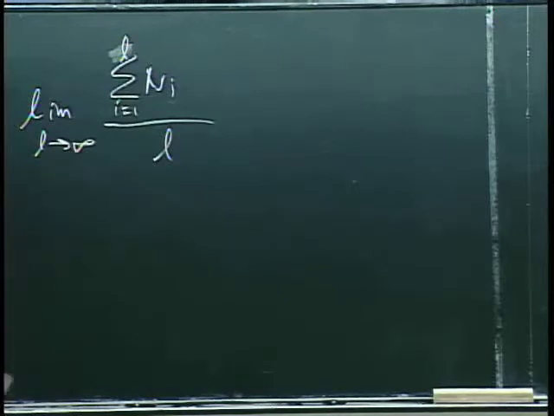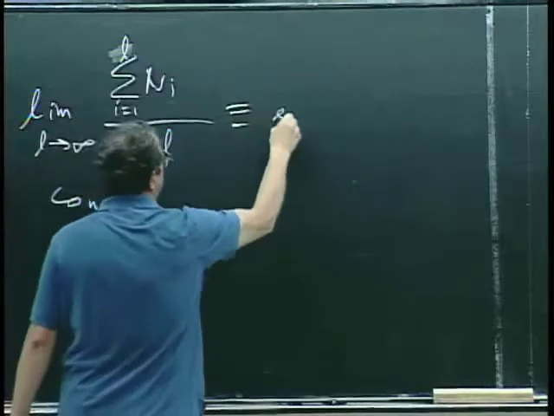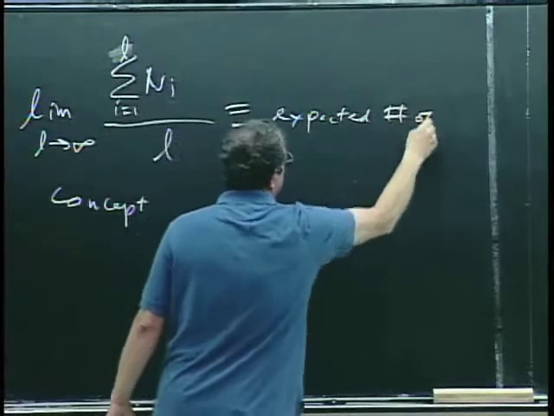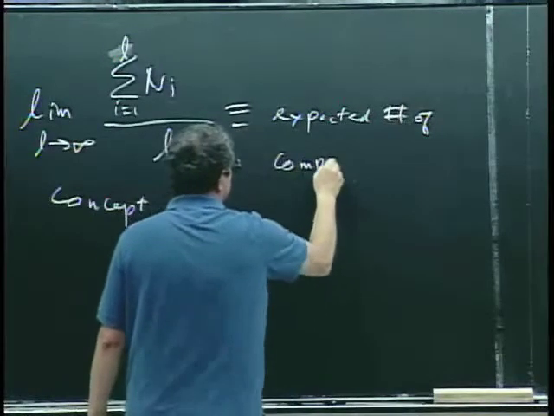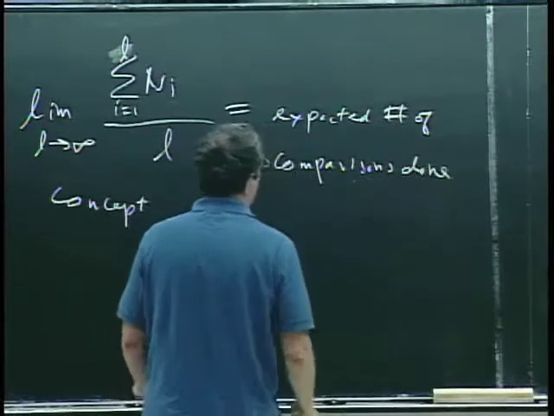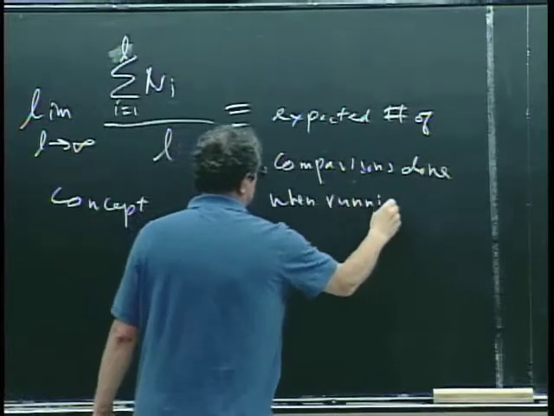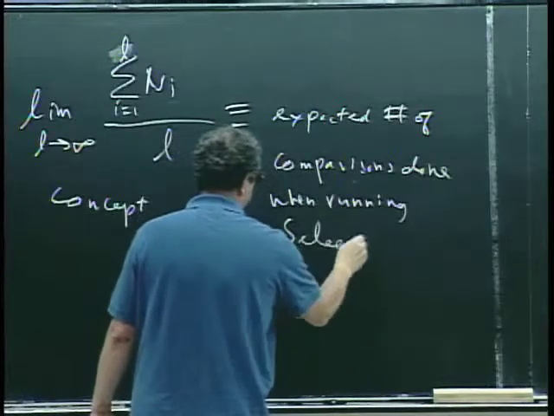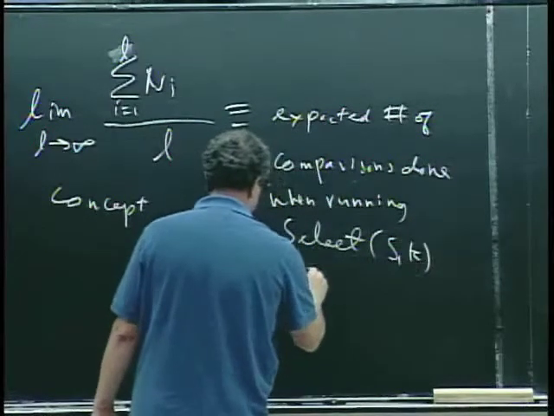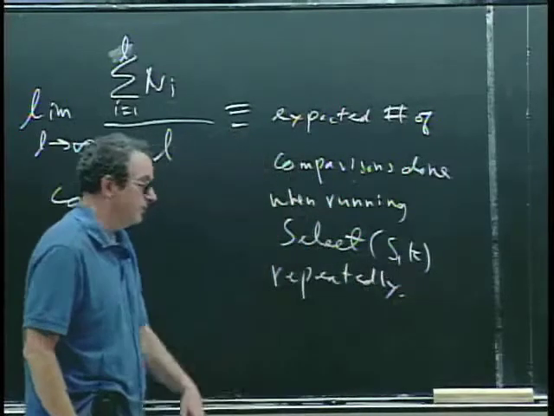And this concept is what's called the expected number of comparisons done when running select S K repeatedly, or an infinite number of times.